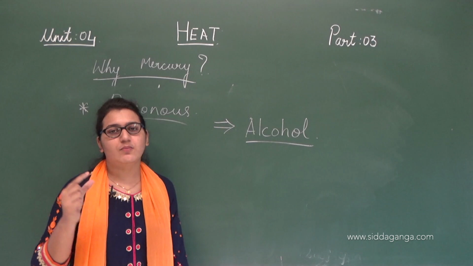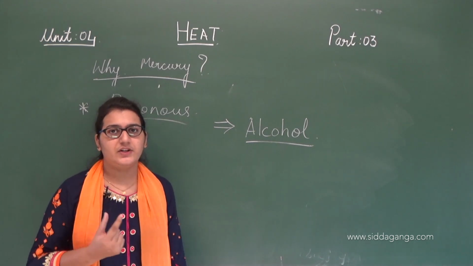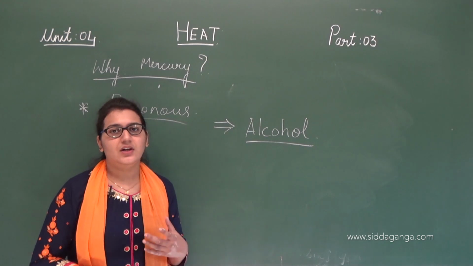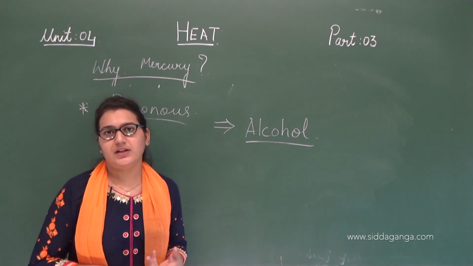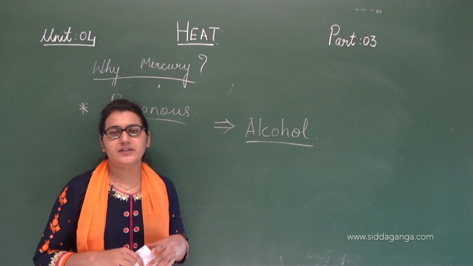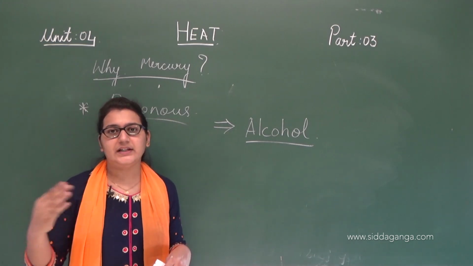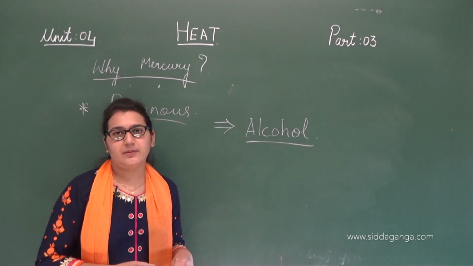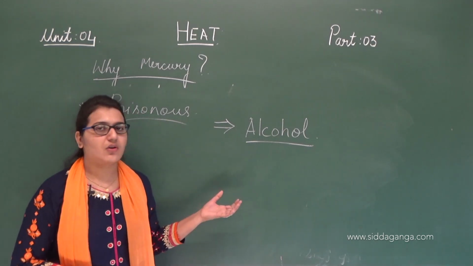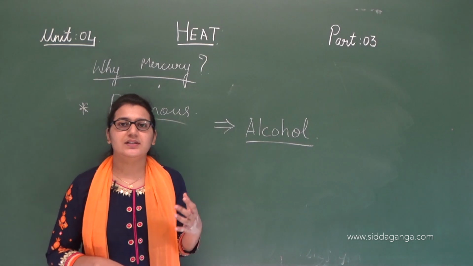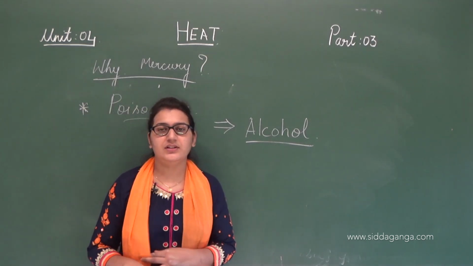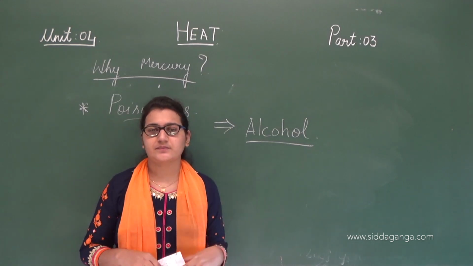These are the two major points we need to remember when using a material: it should be liquid at room temperature because we need the flow and mobility, so we can see the change when it comes in contact with the body temperature. That is why alcohol is used. And one more thing is that it has a very high coefficient of thermal expansion. It works the same as mercury.